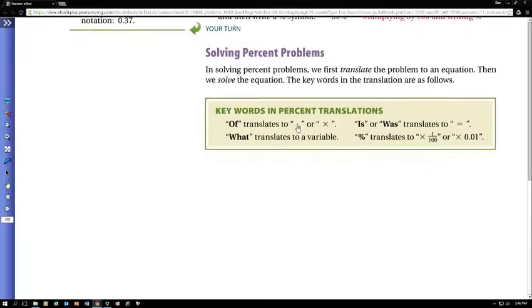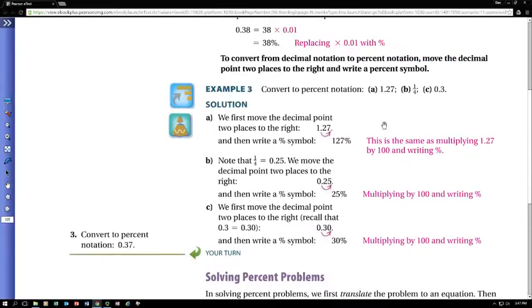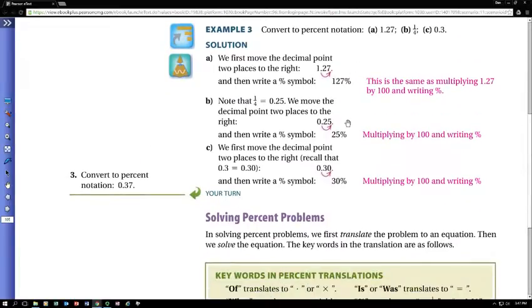Now, keywords they go through here. This is translation stuff. We did a lot of this stuff. These words were given to us in chapter 1, but they're bringing up keywords again because we're going to start solving percent problems. And they don't show us this one. What if I had 1/3? If I had the fraction 1/3, well, if you divide 1 by 3, you get 0.3 repeating.